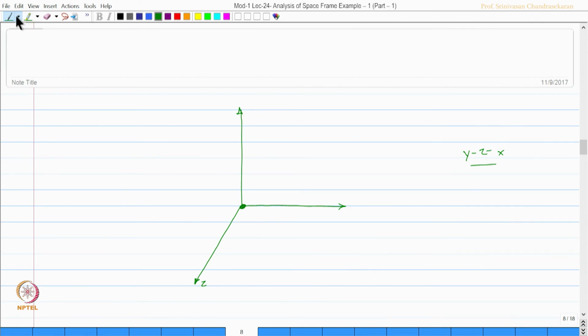I have a vector which is placed arbitrarily, and this is my xm axis. It will also be x beta axis. So, let us say this is my ym axis, and zm axis.